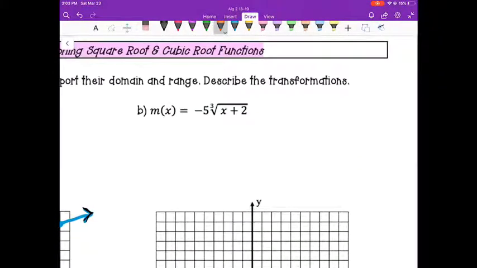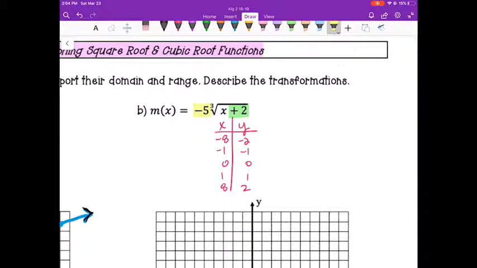Now for problem number 8b, this time we have a cube root. Well, our parent points for our cube root functions you also need to memorize. We've got (-8, -2), (-1, -1), (0, 0), (1, 1), and (8, 2). The transformations we apply this time, we've got that x plus 2 under our radical, and then we've also got that -5 attached.